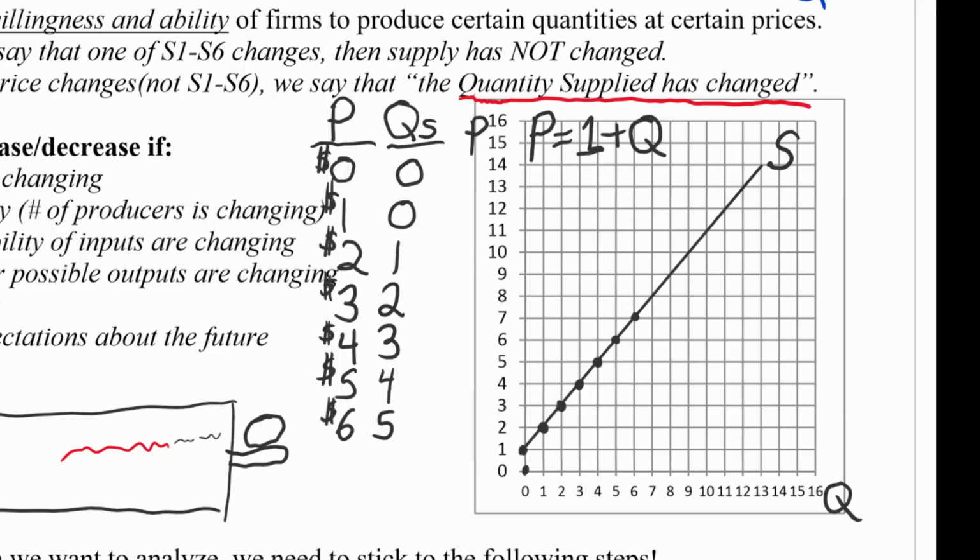Now, item number 2 here is the size of the industry might be changing. By size of the industry, we mean that the number of producers in this industry is getting higher or lower. So let's imagine that in addition to the pizza place that we're talking about, a second, roughly identical pizza place opens up in the neighborhood. What would happen?